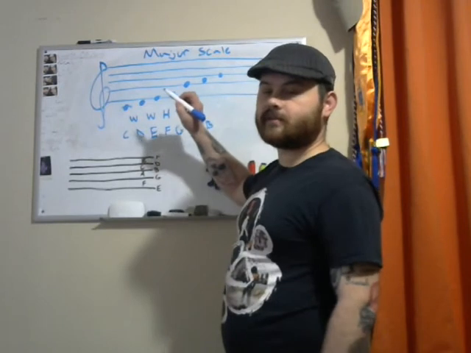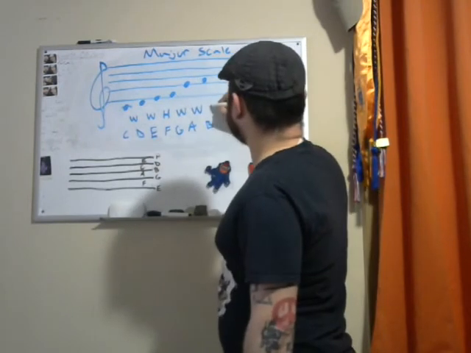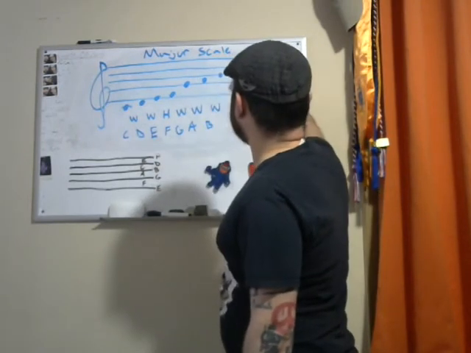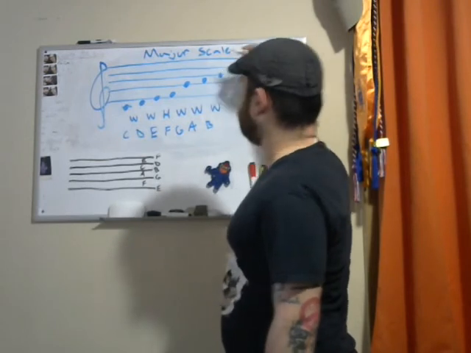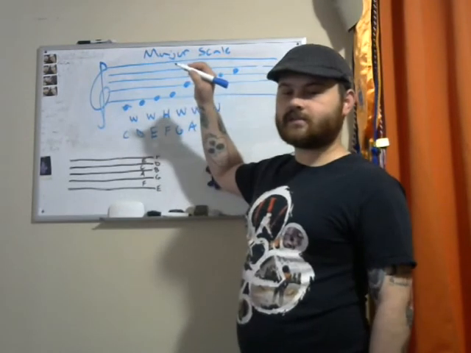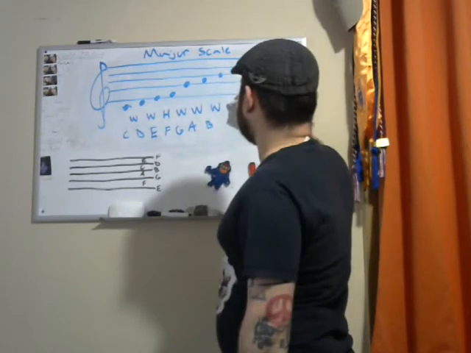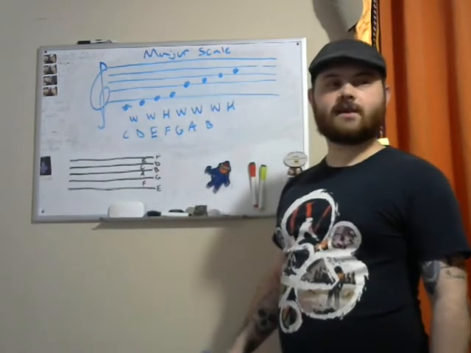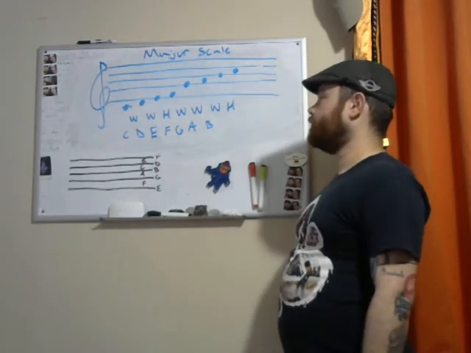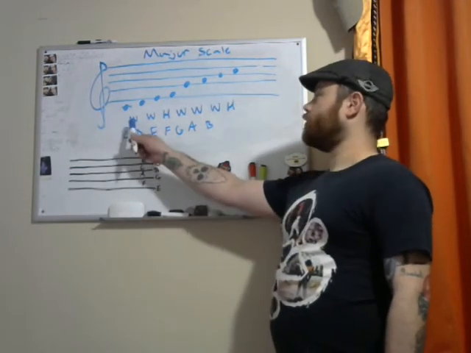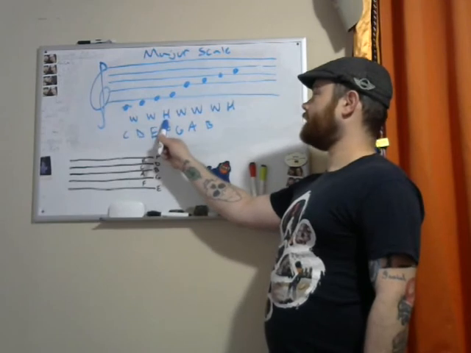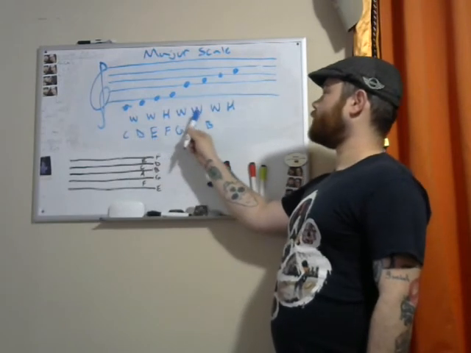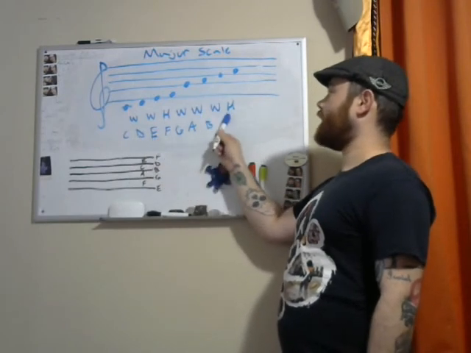A to B is a whole step. And then B to C. And if you remember, B to C are right next to each other. That's a half step. So that's how a major scale is built, using a whole step, a whole step, a half step, a whole step, a whole step, a whole step, a half step.